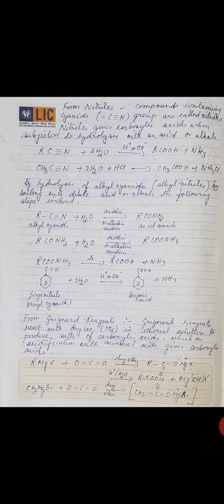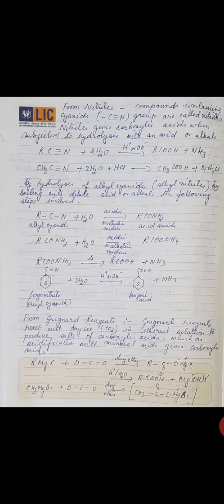By hydrolysis of alkyl cyanides, that is alkyl nitriles, by boiling with dilute acid or alkali, the following steps are involved. Alkyl cyanide plus water in the presence of acidic or alkaline medium gives acid amide, that is RCONH2.